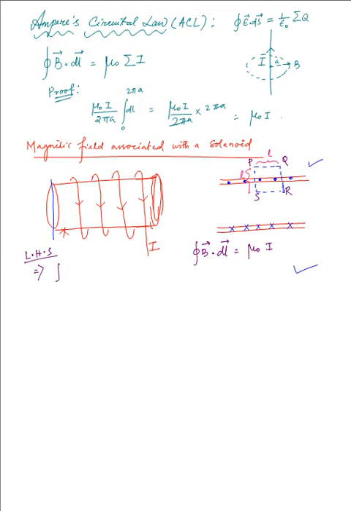That can be taken segment wise, that is B dot dl, supposedly going clockwise, from P to Q first, then from Q to R, then from R to S, and finally B dot dl from S to P. That's it. This is the left hand side that we are considering.